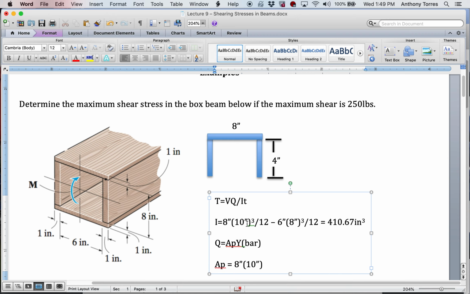That's the outer box. I'm going to subtract 6 inches times 8 inches. These are the same values I just used. I'm just not putting them into the moment of inertia equation. That's the area of the entire thing, big box minus little box. If I divide that by 2, that'll give me the area of the top right here, which is an easier process in my opinion, which gives us 16 inches squared.